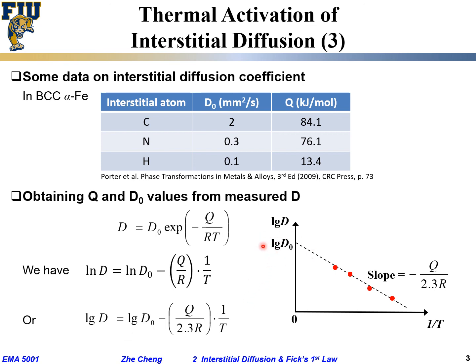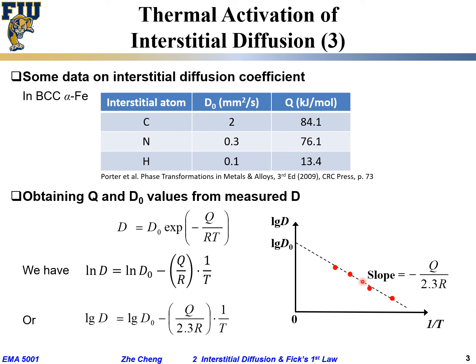Okay. So in reality, how do we do it? In order to get the so-called frequency factor and activation energy or activation heat, we have to measure the diffusion coefficient at different temperatures and plot the logarithm of the diffusion coefficient versus the inverse of temperature.